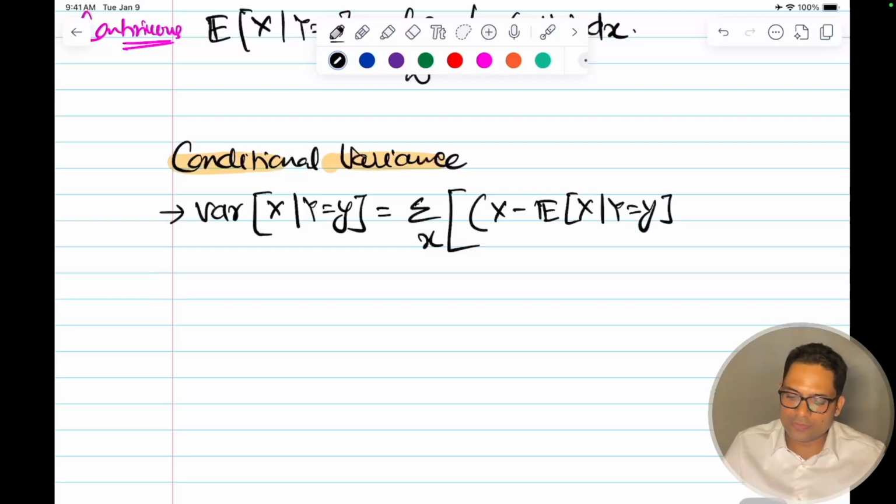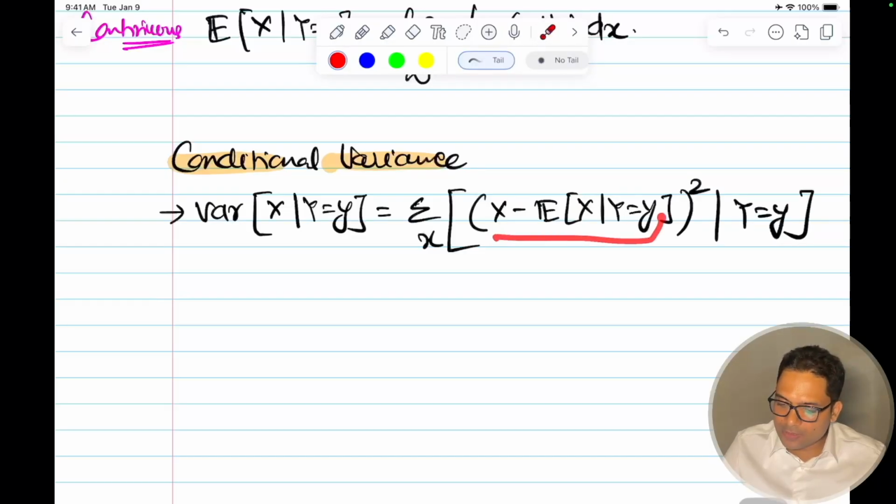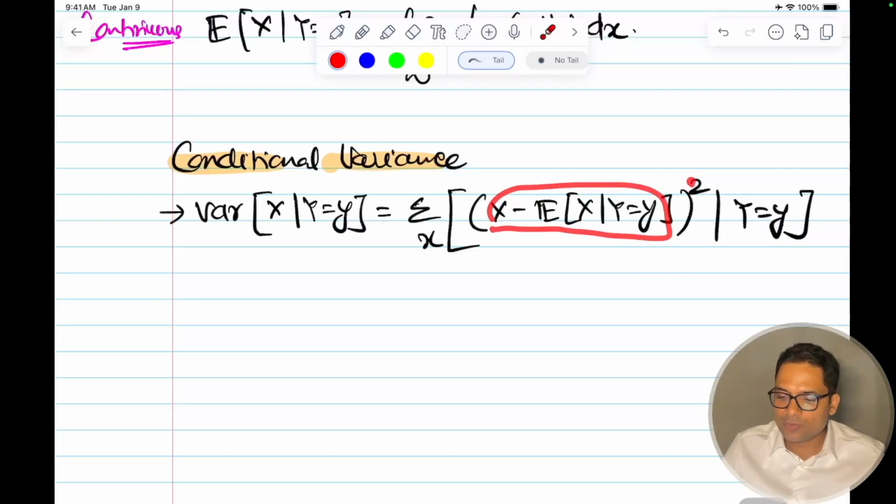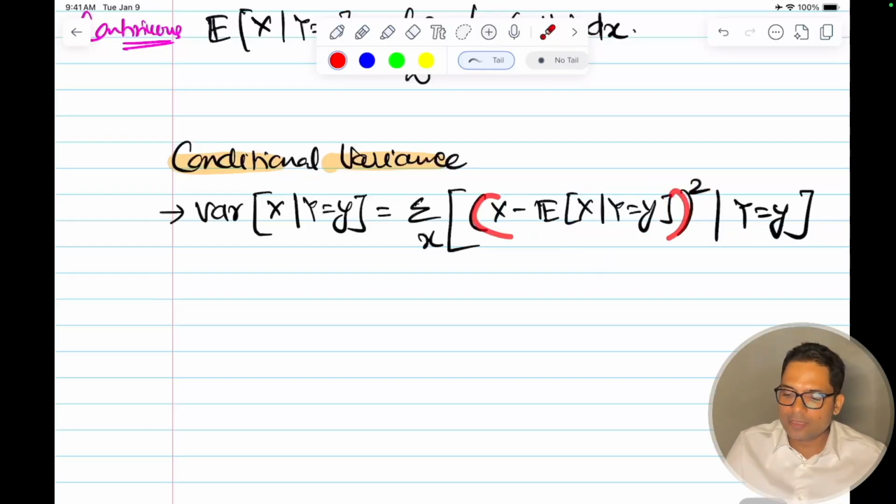So the distance of all the points from the mean, this square, given y has already happened. This is your conditional expected value, your conditional mean, and these are all the points over which I am summing up. So it is the square of the distance from the mean, given y equal to y. This is how you read it.